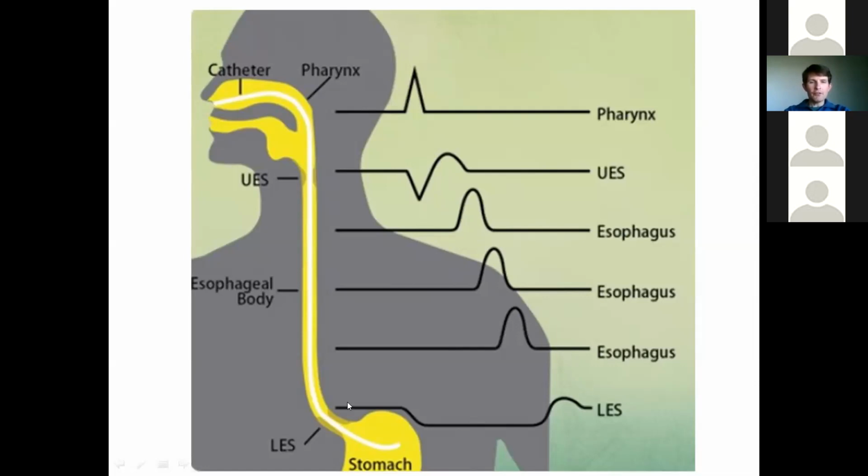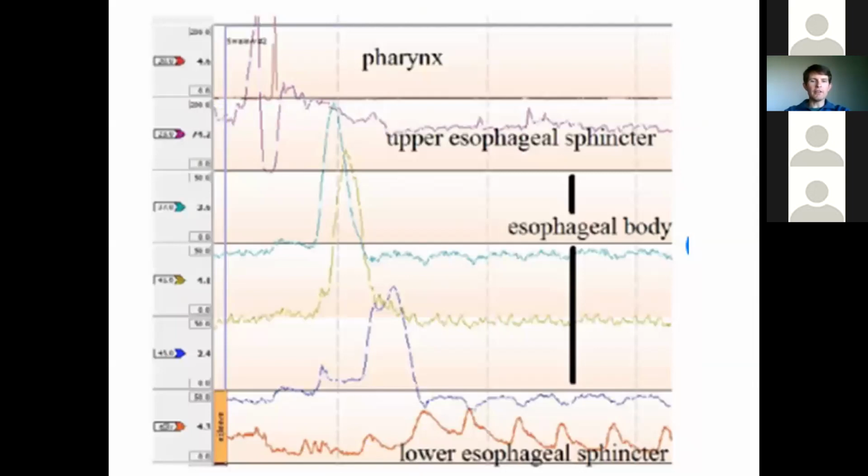At the lower esophageal sphincter, you'll see that there's a resting pressure of the LES, and at the initiation of the swallow, the lower esophageal sphincter actually relaxes to allow for the fluid bolus to pass down into the stomach, and then you get a little compensatory increase in LES pressure after the swallow is complete. So that's the basic form of a swallow, again, portrayed here in a cartoon fashion.